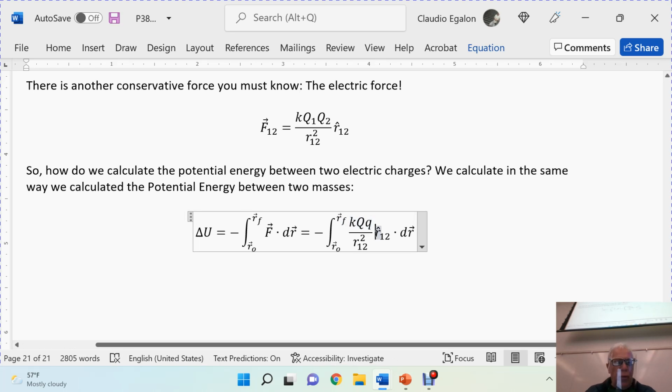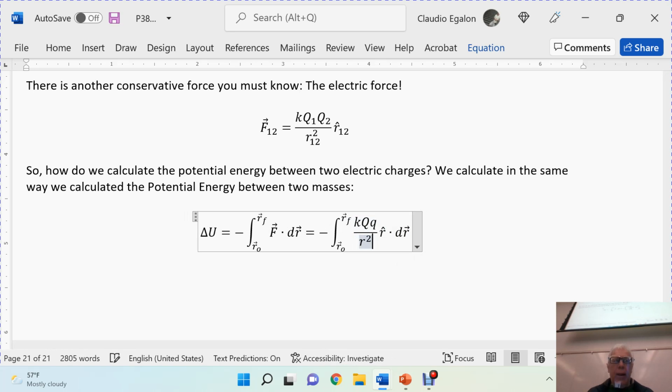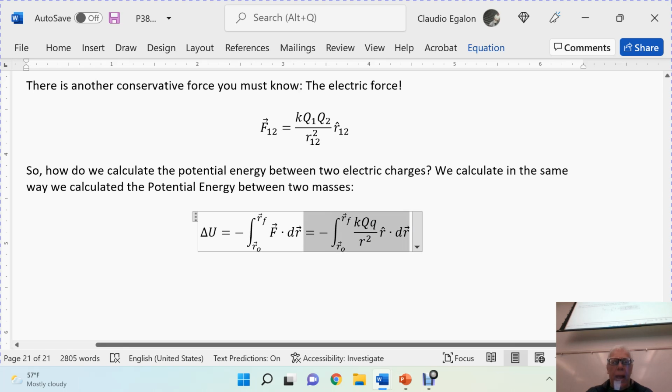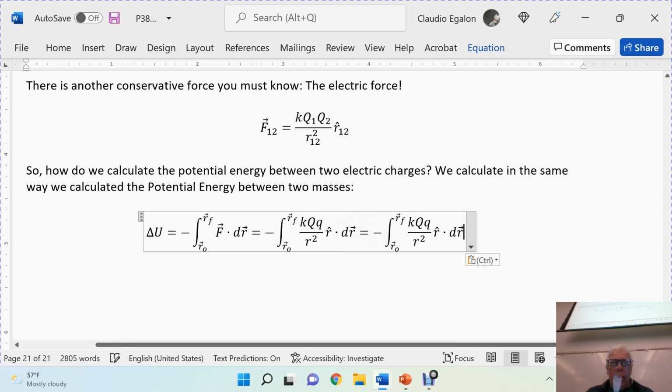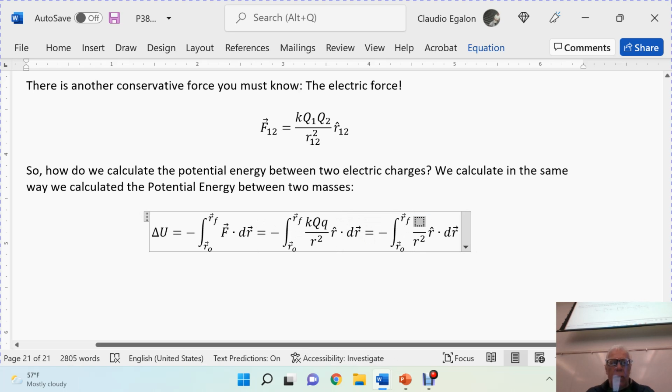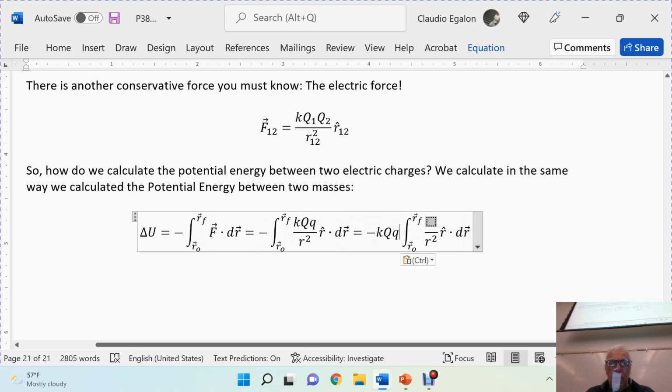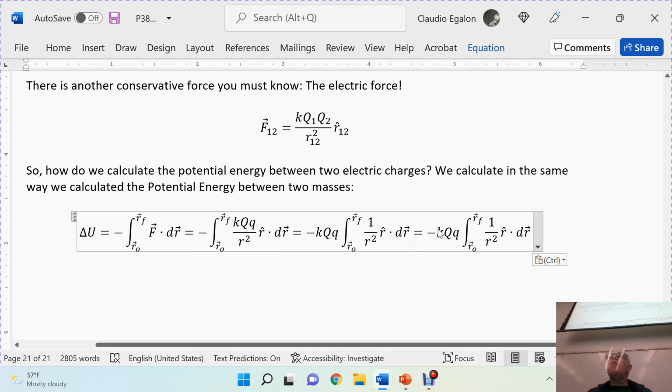The vector position is taken from the big Q to the small q. So we go ahead and take the constants out of the integral. We are taking this dot product, r hat dot dr.